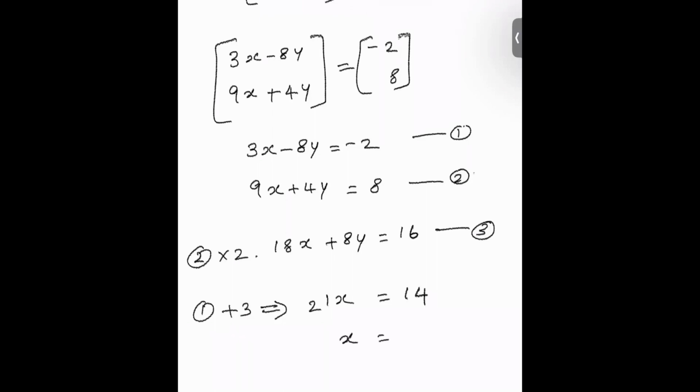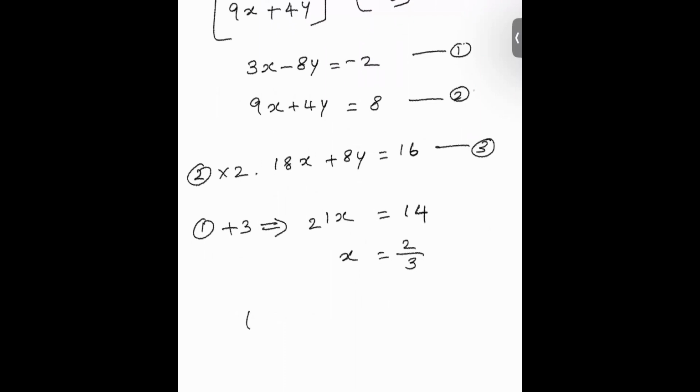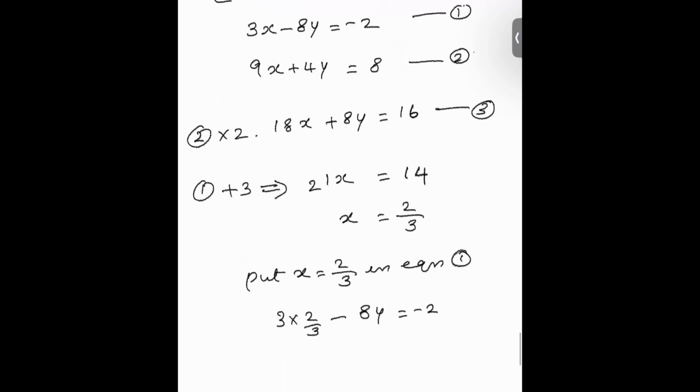So what is x? x is 2 by 3. Now we need to calculate y. Maybe we can substitute. Put x is equal to 2 by 3 in equation, which one? Equation 1 probably. So you get 3 into 2 by 3 minus 8y equal to negative 2.